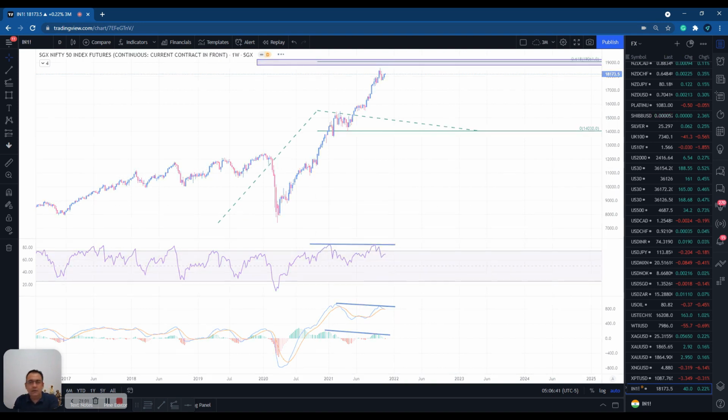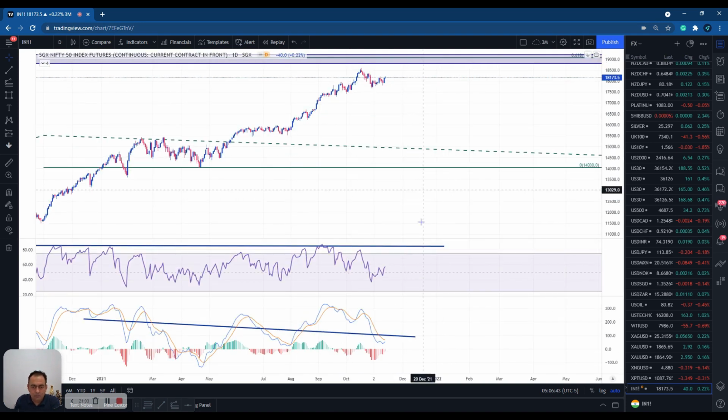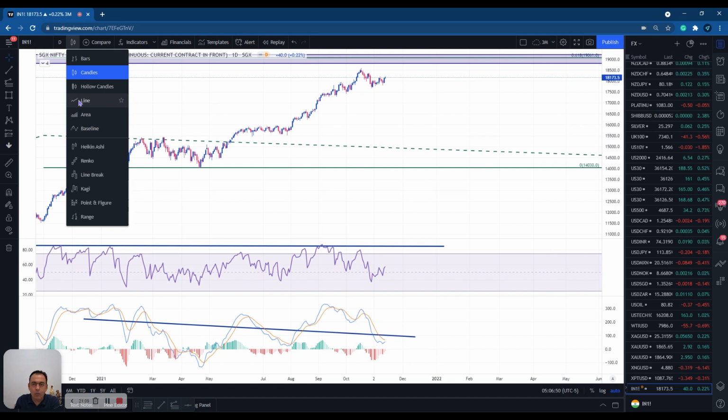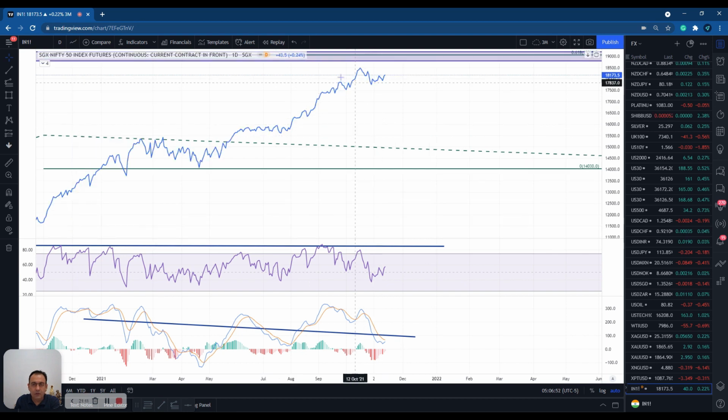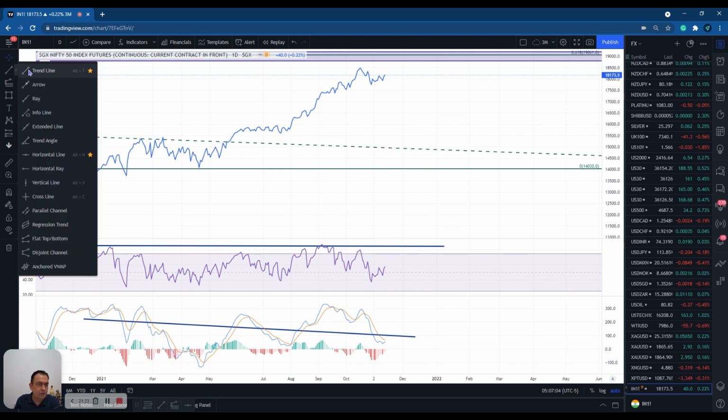Let's check on daily. Daily has not made any new low as of now. High, higher high, a lower high, but it has not broken this area, which was the previous low point.